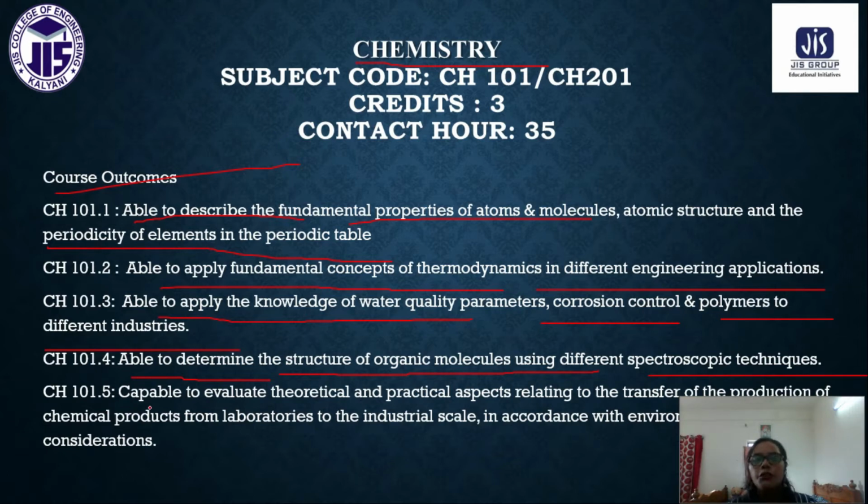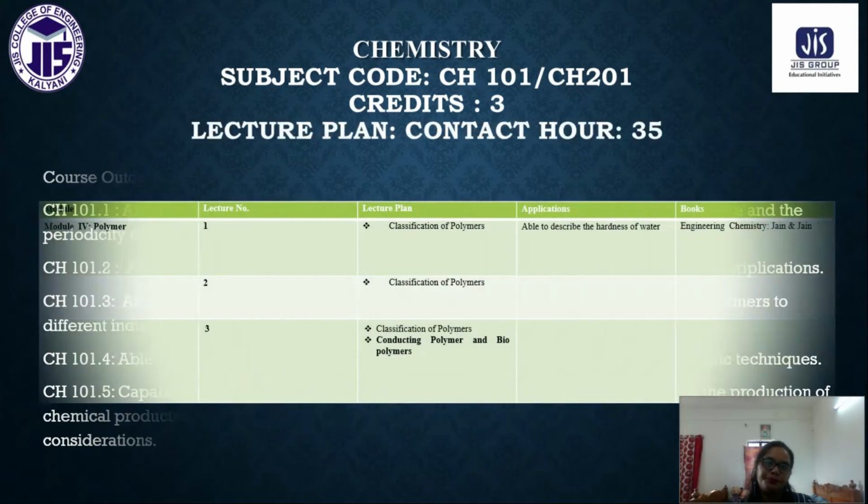You can also evaluate the theoretical and practical aspects relating to the transfer of the production of some chemical products in the lab to the industrial scale. So these are some of the course outcomes that we have for our course.